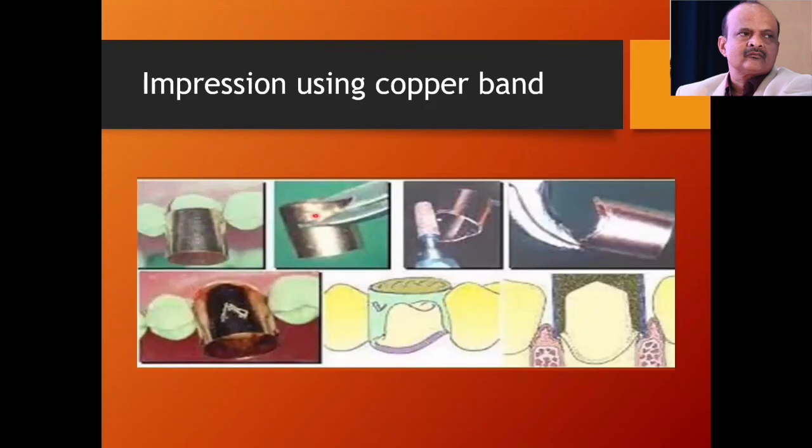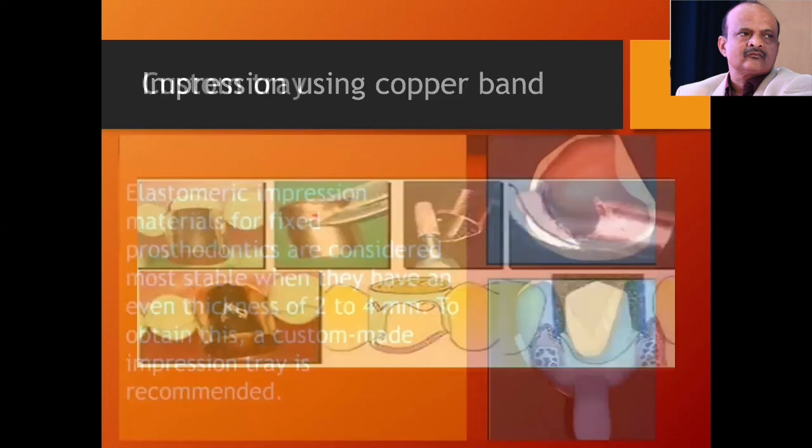Earlier only impression compound or grease sticks were used. Now you can fill it with impression compound, scrape the inside surface and apply an adhesive, and you can inject a light body around the tooth and make a satisfactory impression of a single tooth. So this can be used for an inlay, onlay, or single crown impressions.